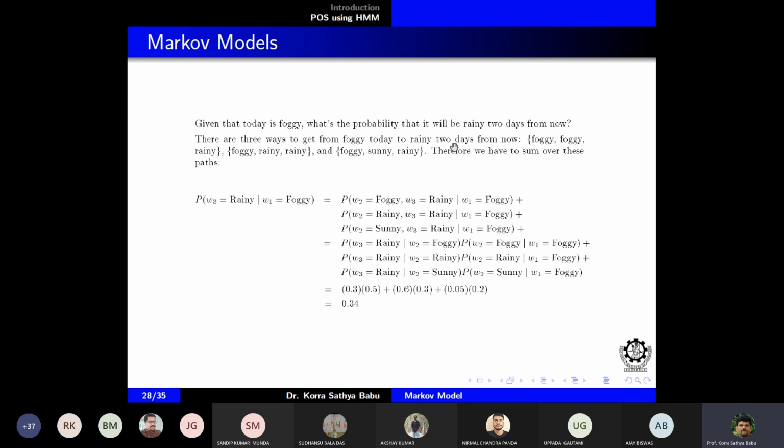It may be a foggy day. The weather condition may be foggy, rainy, or sunny, right? Therefore we have to sum over the different paths.